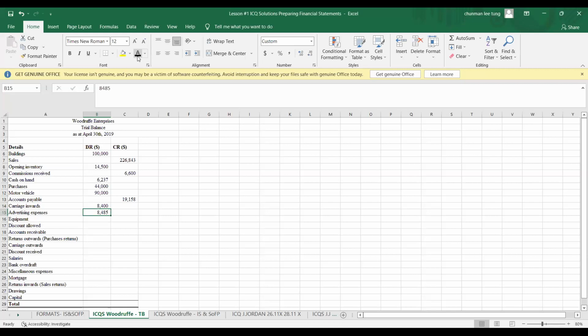Equipment. Equipment is another asset. Asset accounts have debit balances. Now we're going on to discount allowed. So question, discount allowed is what exactly? I'm getting the answers, but what is a discount allowed?